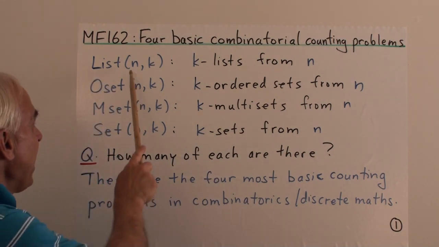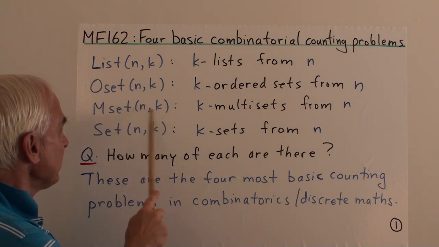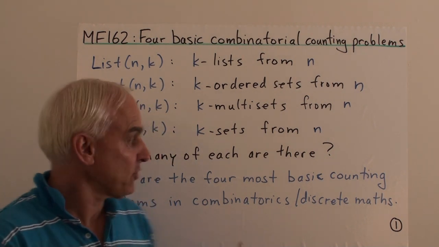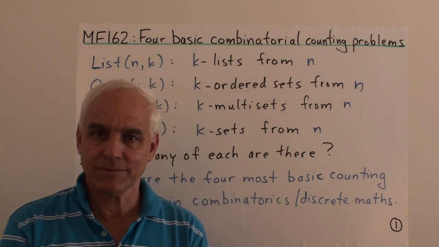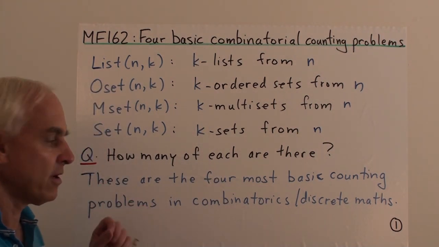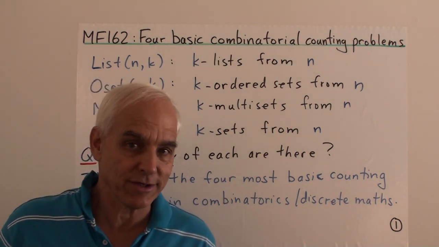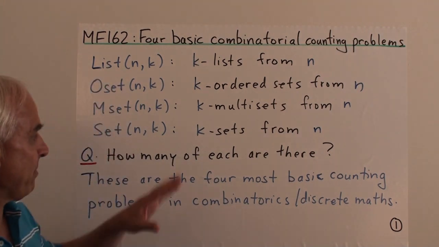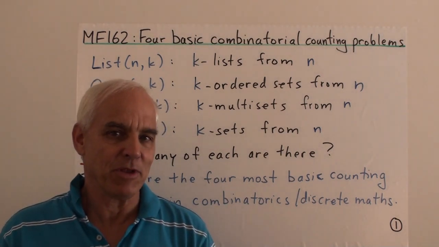So we talk about k lists from n, k ordered sets from n, k multisets from n, and just k sets from n. In each of those cases we can ask how many of each of them there are. It's a question of counting. These are almost surely the four most basic counting problems in mathematics, or at least certainly in combinatorics. So today we're going to address those, and there are some rather familiar answers, but perhaps some unfamiliar ones too.